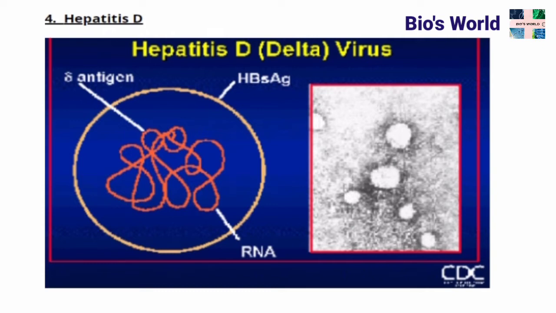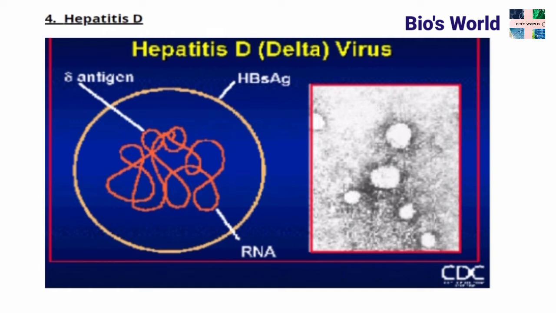However, it is unable to secrete infectious viral particles when co-infection occurs with hepatitis B virus. Chronic hepatitis D is the most aggressive form of viral hepatitis and is associated with cirrhosis, liver failure, and hepatocellular carcinoma.